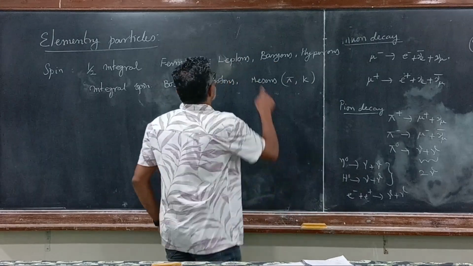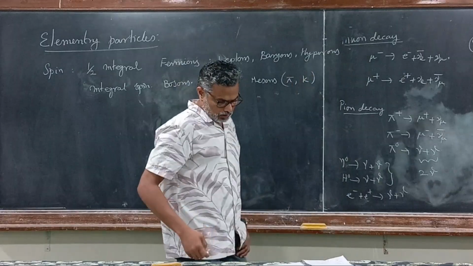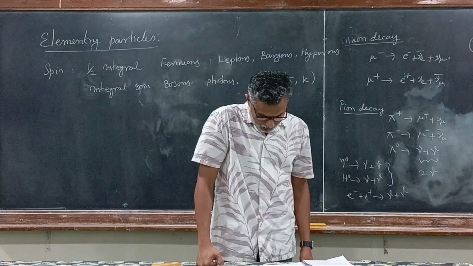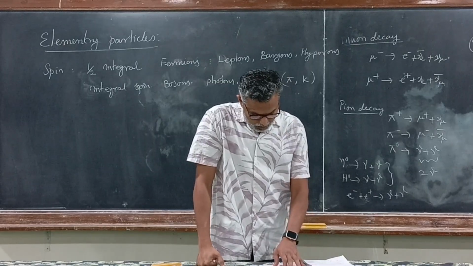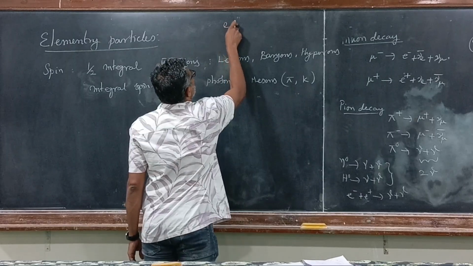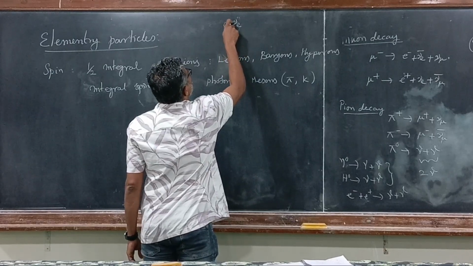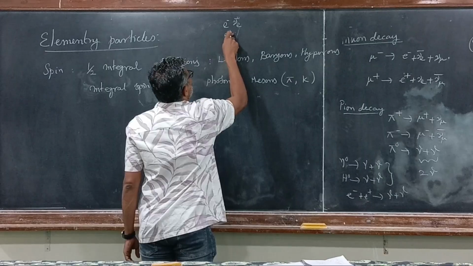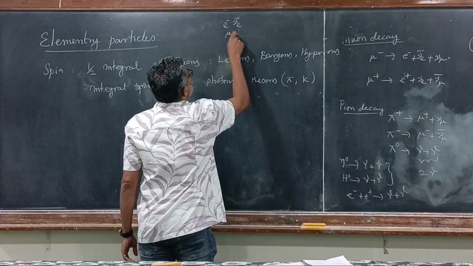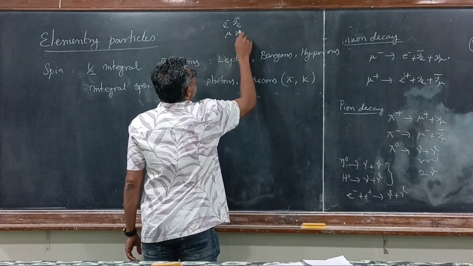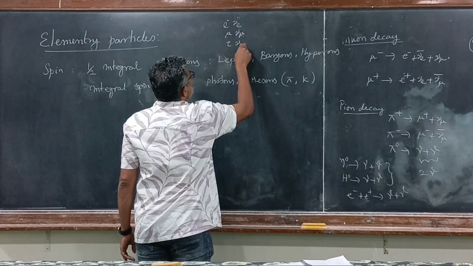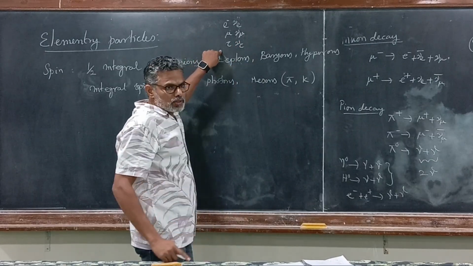So basically the leptons are, let's say, you have this electron, neutrino, antineutrino, positron, neutrino. Normally let's say the mu and then mu. Let's not worry about this antiparticle and tau and mu tau. So these are all called leptons.